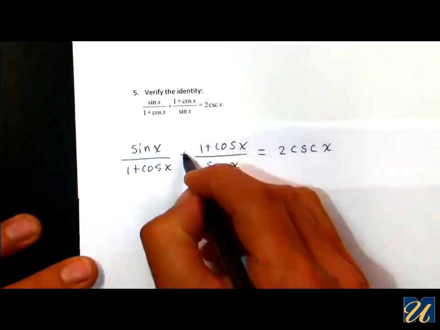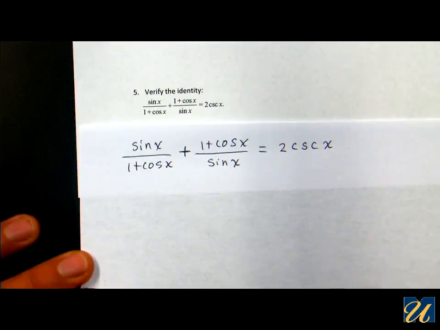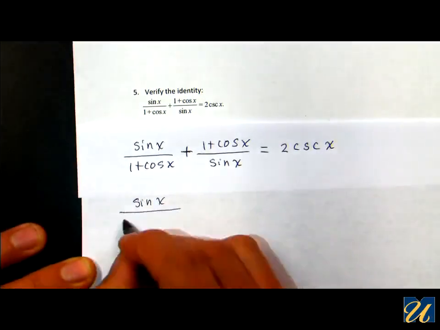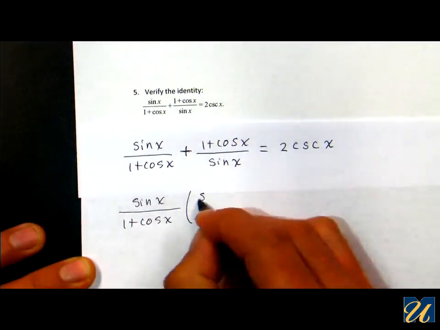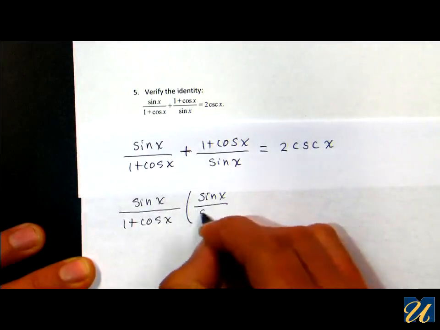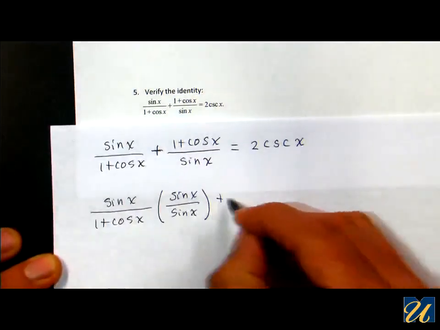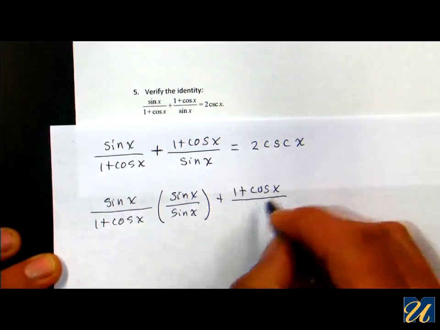What do I see? I see the addition of 2 fractions. Add those 2 fractions together with a common denominator. Okay, so we got sine of x over 1 plus cosine of x. We'll multiply that fraction by the other denominator. Okay, so this is just arithmetic here. Arithmetic is generally lengthy, but it's easy.